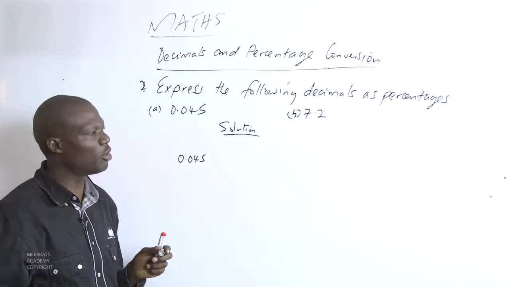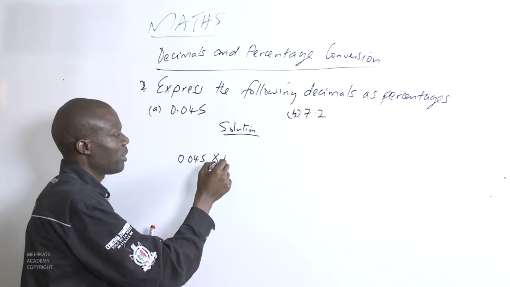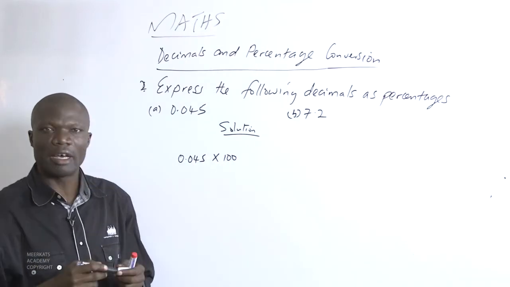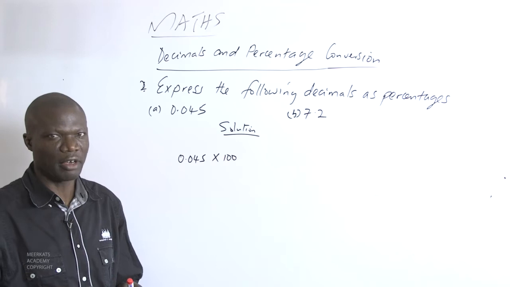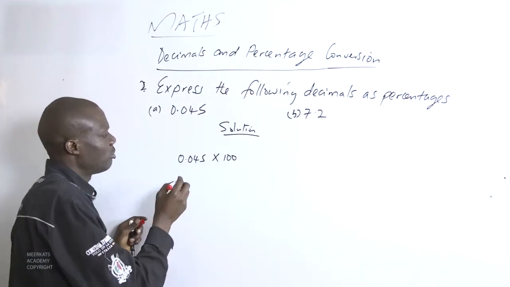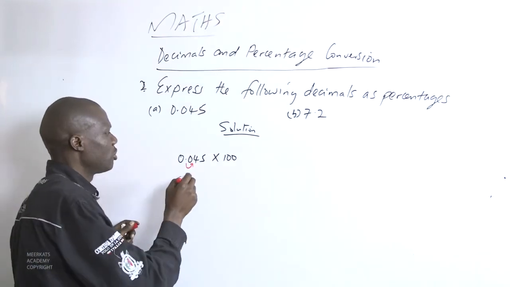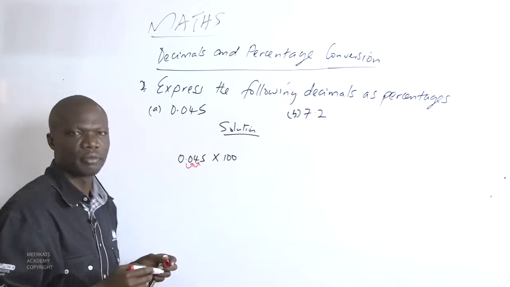0.045, this is a decimal. To convert into a percentage, we shall be required to multiply by 100. And as said earlier on in our introduction, to do this, we need to move the decimal point 2 steps.